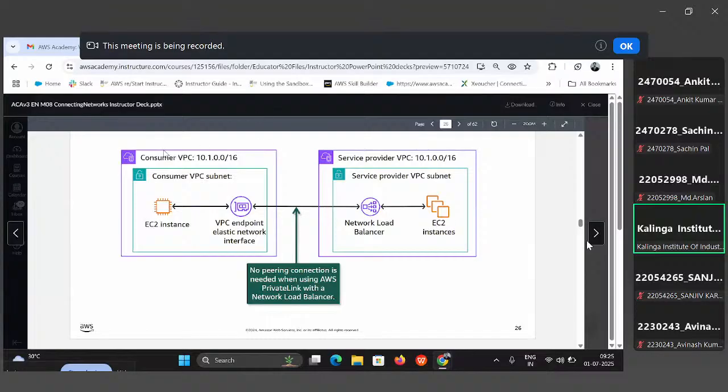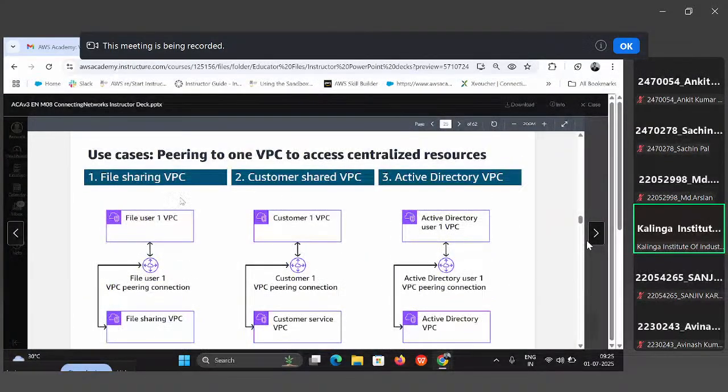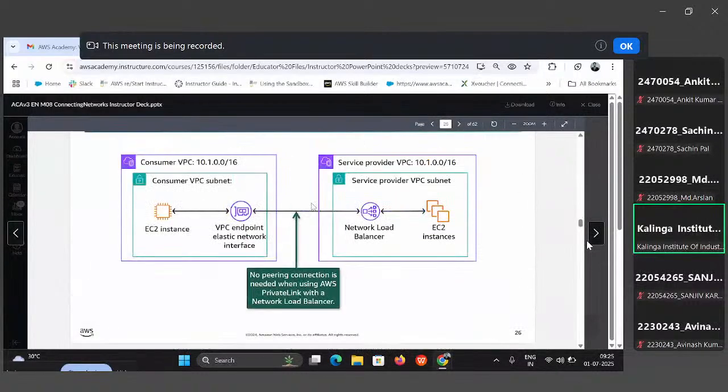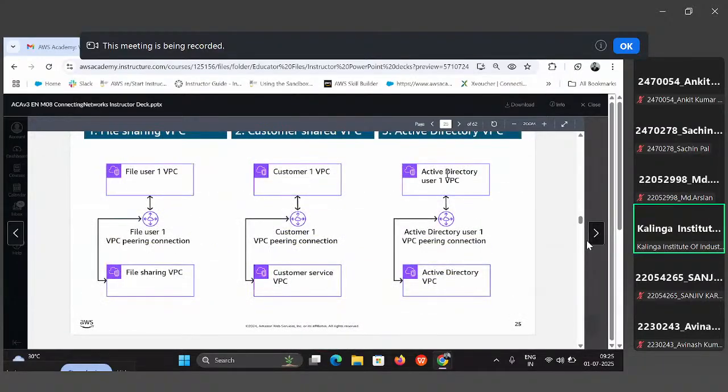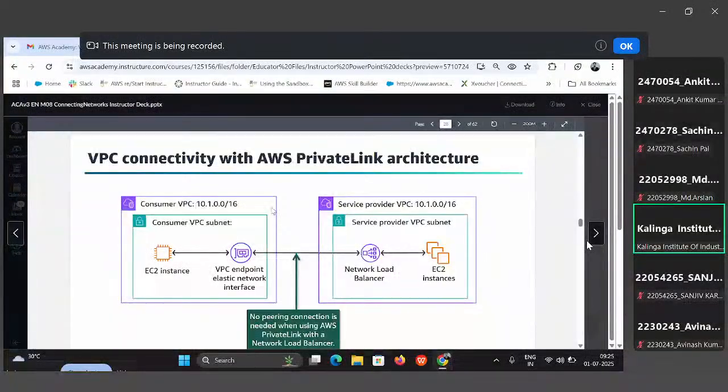Like the customer consumer VPC we have, and then we have a service provider VPC, or you are using the customer VPC like we saw earlier. Similarly, here you may have a customer or Active Directory VPC, or you're connecting a consumer VPC to the service provider VPC, right?